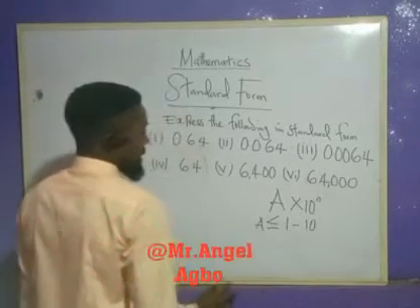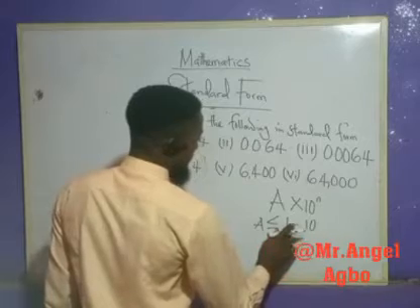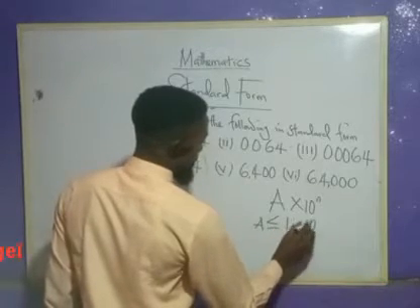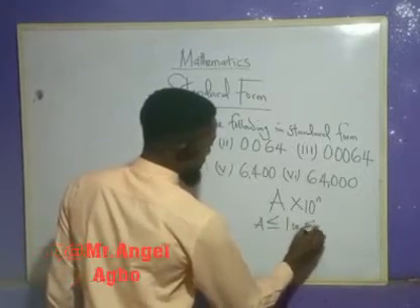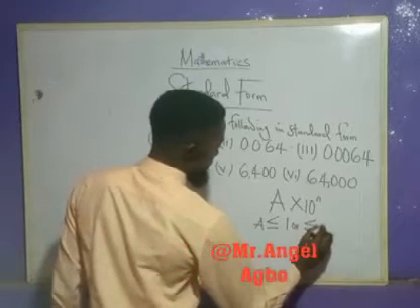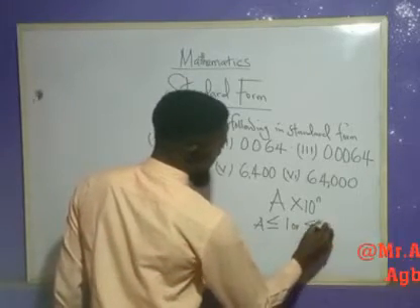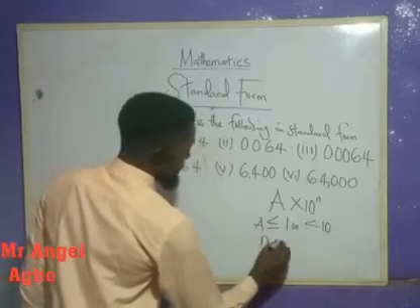Yes. So we can also say that A is less than 10. And n is equal to what?